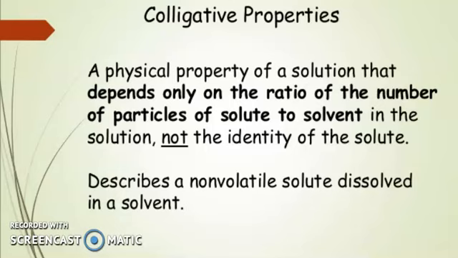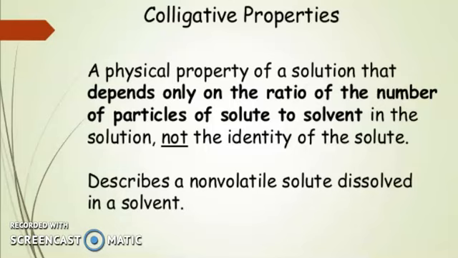What are these properties? Why are we interested? They are physical properties of a solution that depend only on the ratio of the number of particles of solute to solvent in the solution, not the identity of the solute.